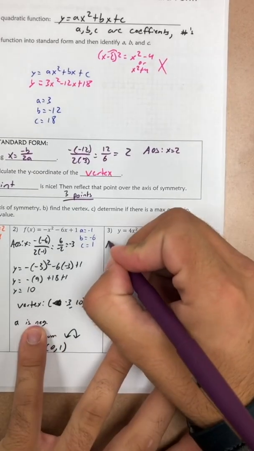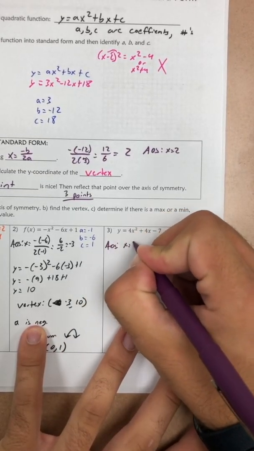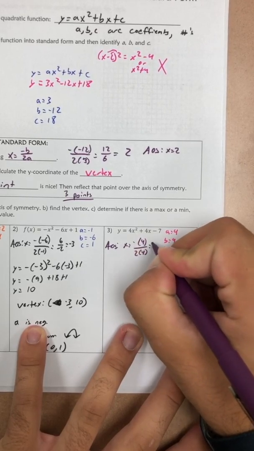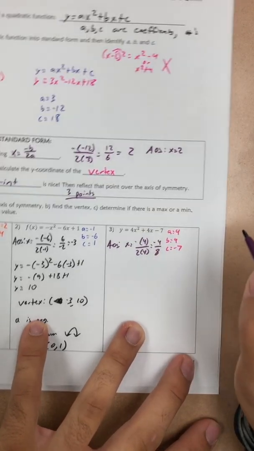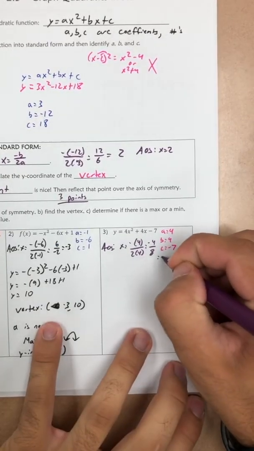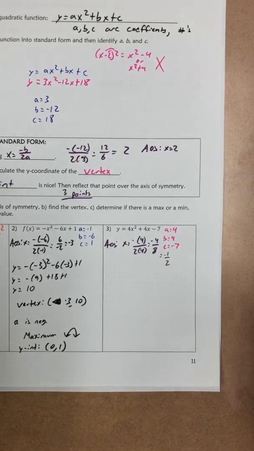So we're gonna find my axis of symmetry is always opposite b over 2 times a. So negative 4 over 8. So that is negative 1/2.